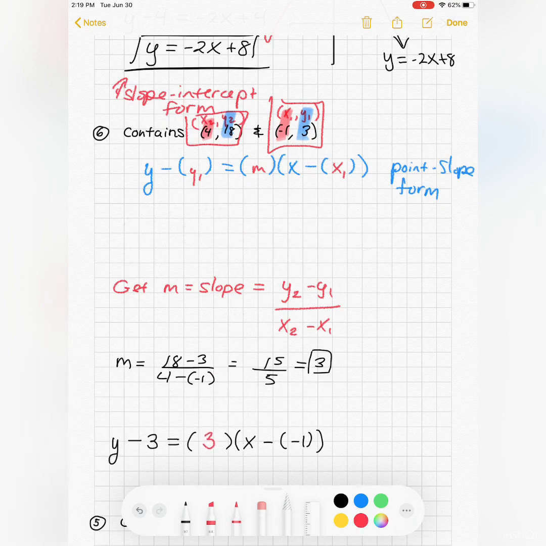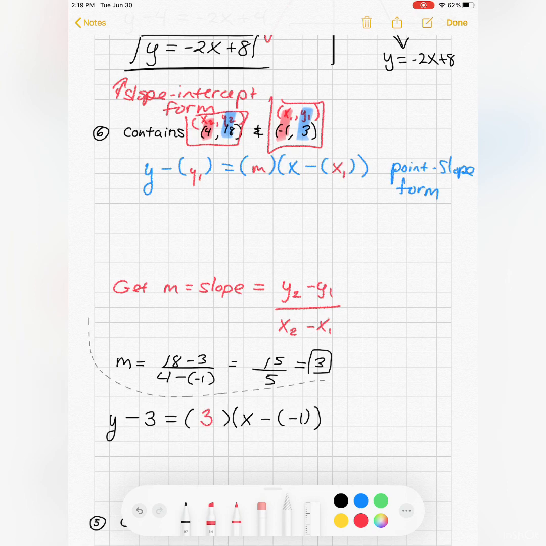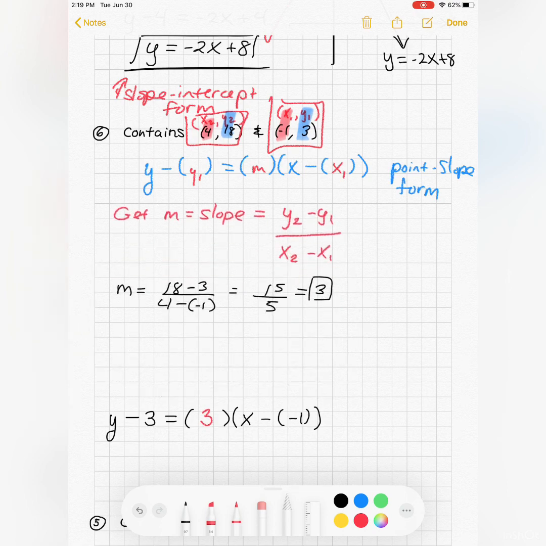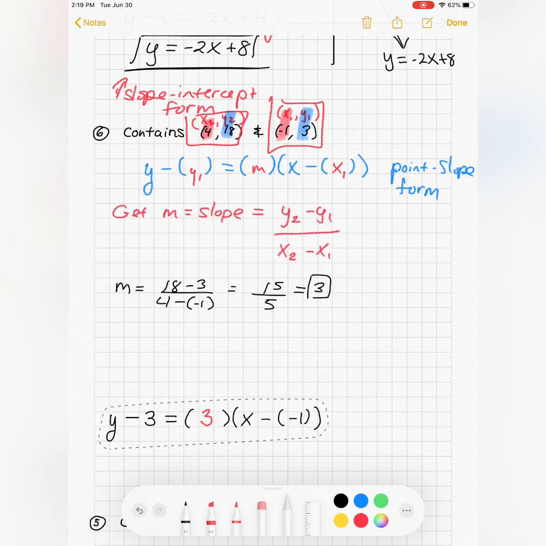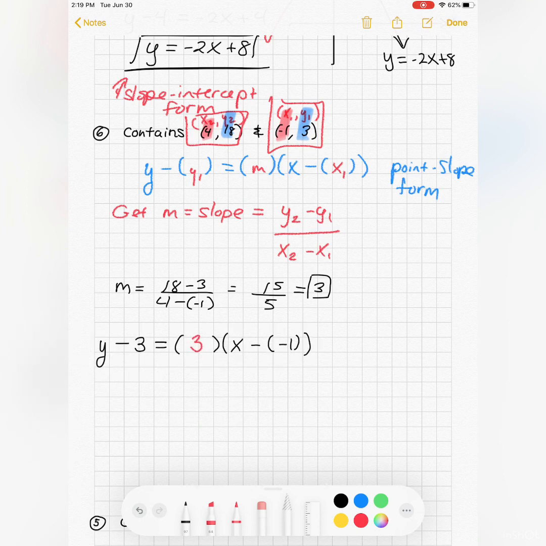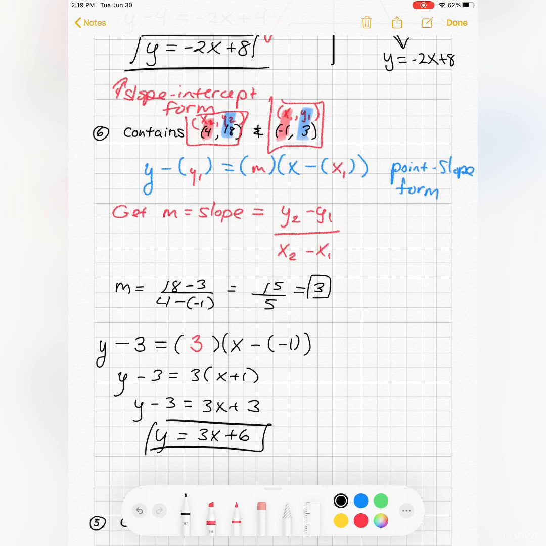Then I can finish the calculation. That part's pretty easy, so let's see, distribute. Well, that's a positive. Add 3. Okay, shall we do a quick graph?